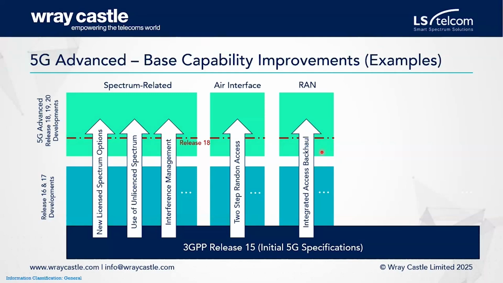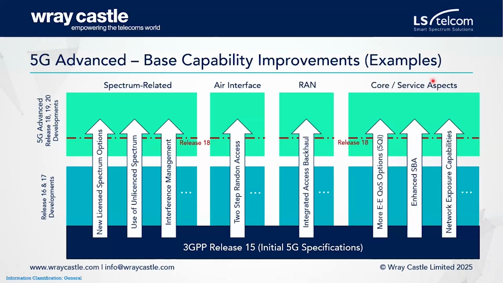You might want a smaller base station outside each cafe, but you really don't want to dig up the pavement to put in fiber optic cables to connect those base stations. So what you can do instead is you can actually use radio. So from that main site, you can use the 5G spectrum itself to connect those smaller cells.